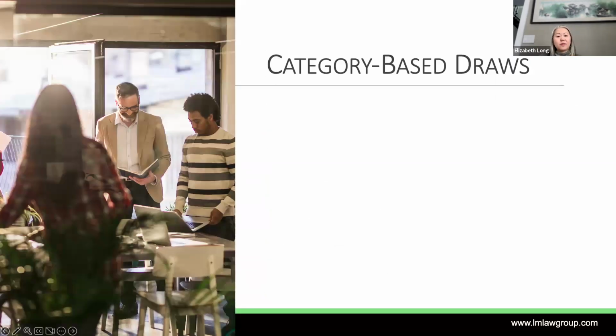All right, so beyond the points and the category in which you entered, they also have special category-based draws. And these are draws where they only invite people who might qualify under certain categories. So they have a French language one.